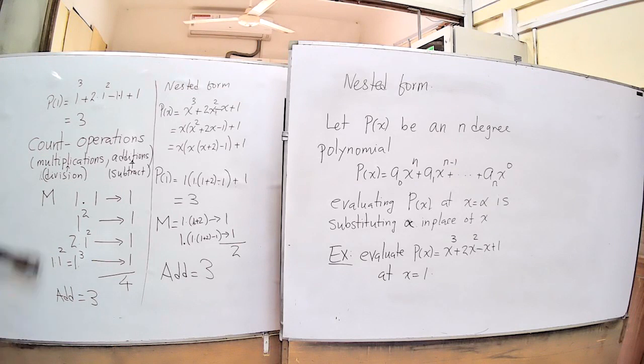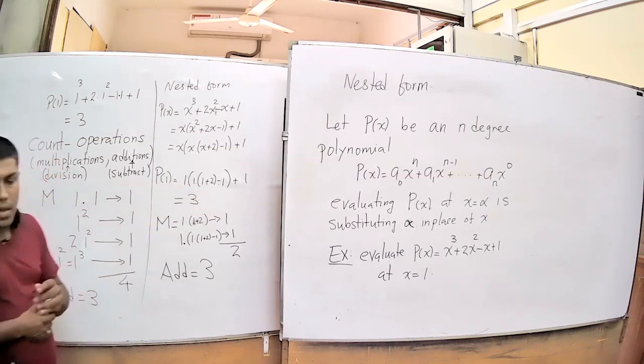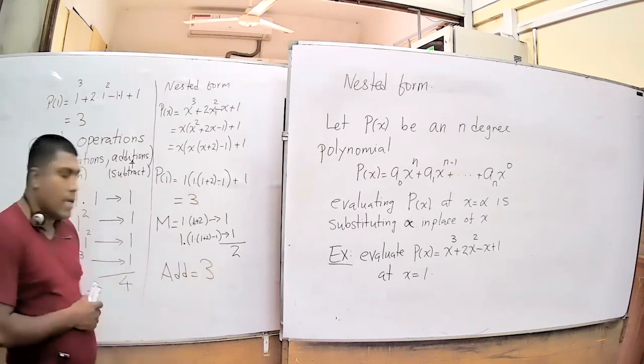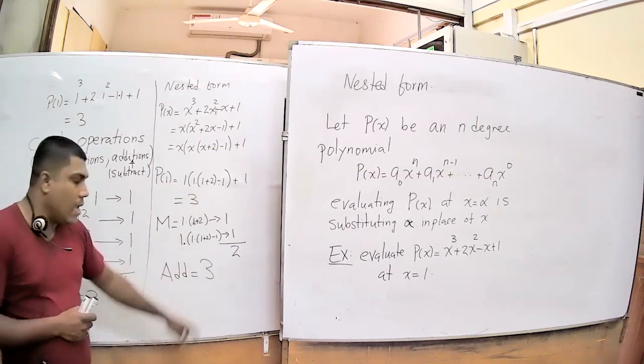If you evaluate directly by the regular method which we all use, which we study in our O-level maths, you have 4 multiplications. But in the nested form, there are 2 multiplications. Additions are the same, 3 and 3.